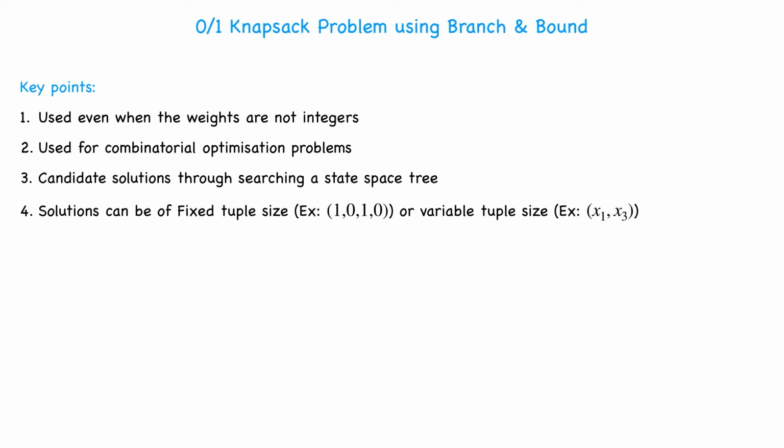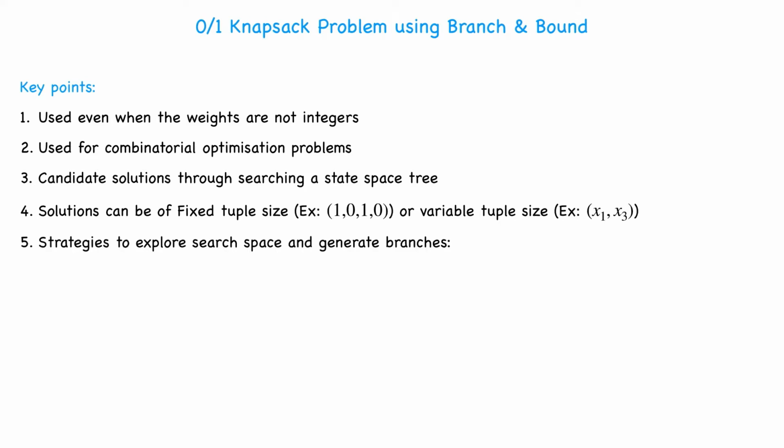But there is another approach, variable size, where you can directly say that x1 is included and x3 is included. In this particular video, we will be discussing the fixed tuple size method for the solutions.